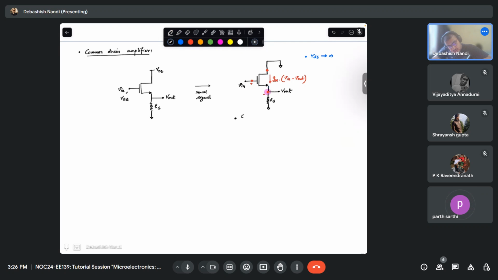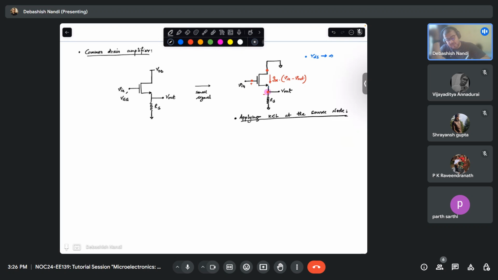Applying KCL at the source node, can anyone tell me the equation? KCL is current balance, right? Whatever current is coming in, that should go out.